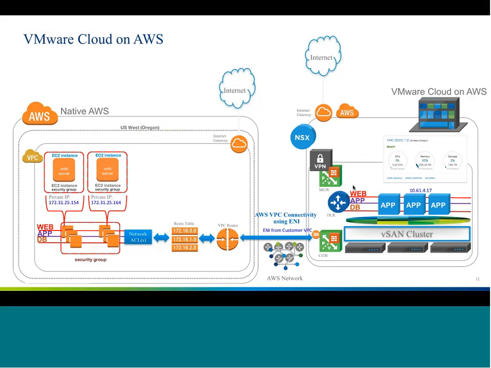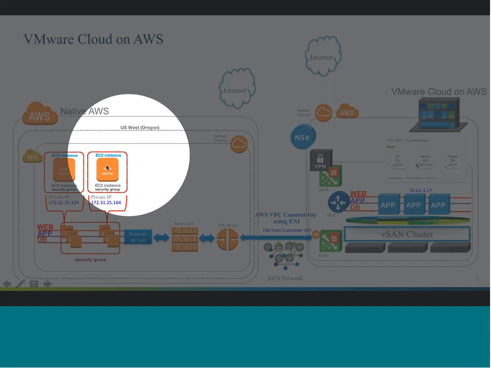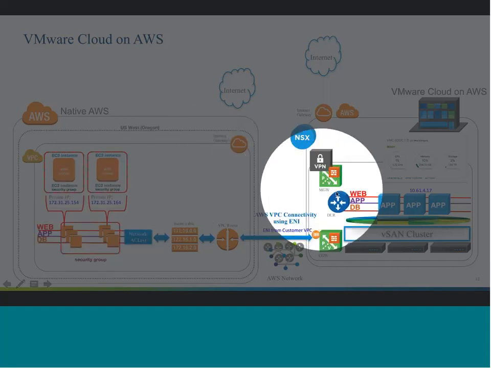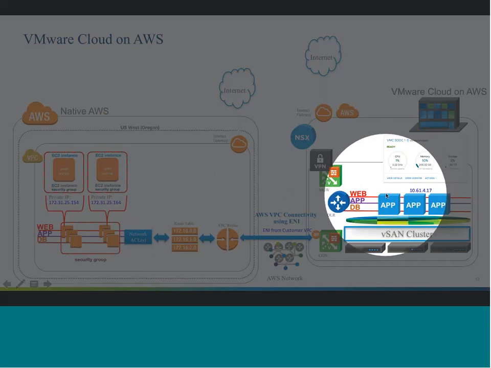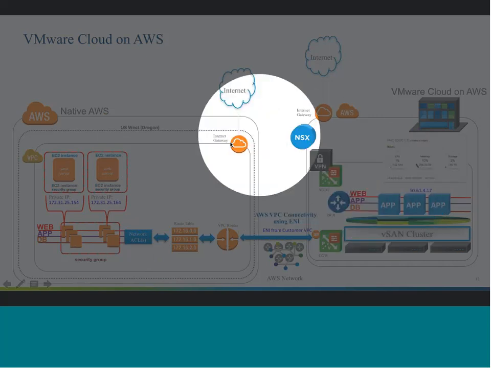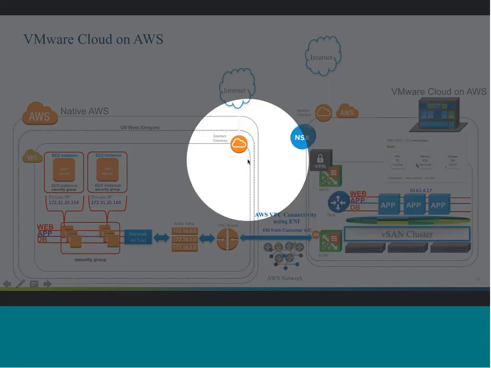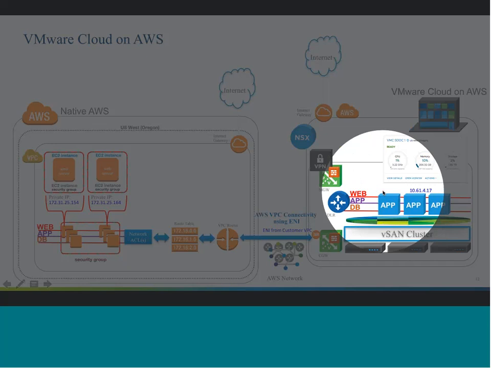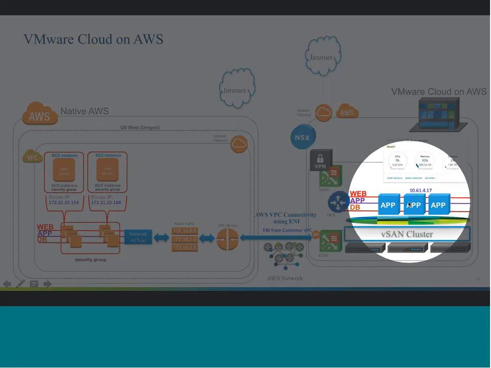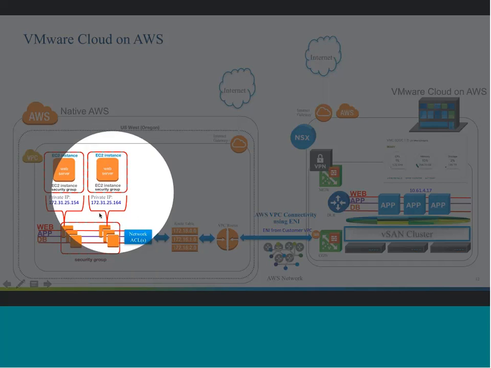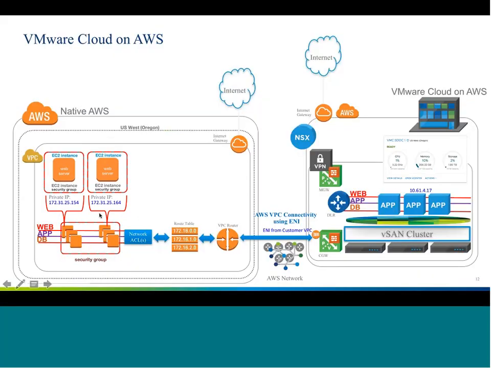And what happens here is the route tables in AWS, via API calls, are updated to point to the networks sitting in your VMware Cloud on AWS, so that they go over this ENI. The route table here is updated, and vice versa. Route tables are updated via the VMware Cloud on AWS SDDC to go out and leverage this ENI connectivity to access these native AWS services.